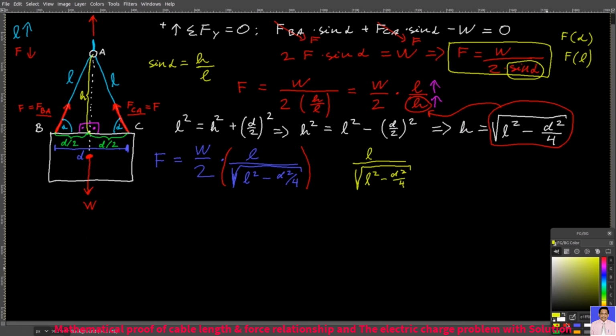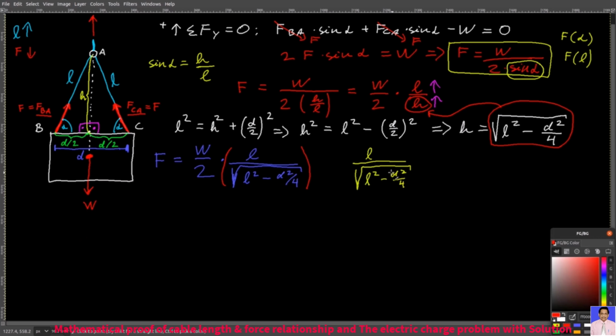So let's say if you did not have this one here, then you would have L over square root of L squared, which would be L over L, and it would be 1.